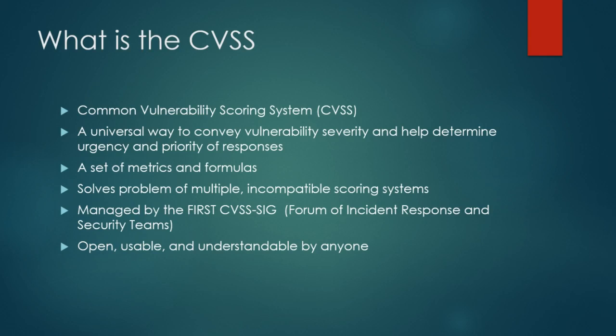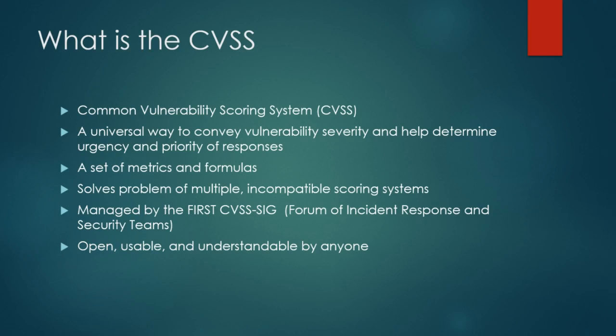Again, it solves the problem of multiple incompatible scoring systems. Ultimately, the CVSS score is fed by things like the National Vulnerability Database, and a lot of common systems that are using event data and CVE scoring, like vulnerability assessment tools such as Tenable and Rapid7, various web application scanners, AppSpider, Burp, and different manufacturers coming up with different types of, say, SIEMs, security information event managers.